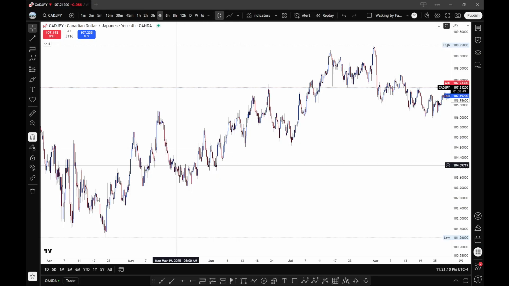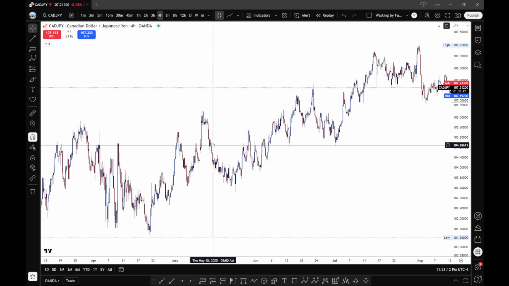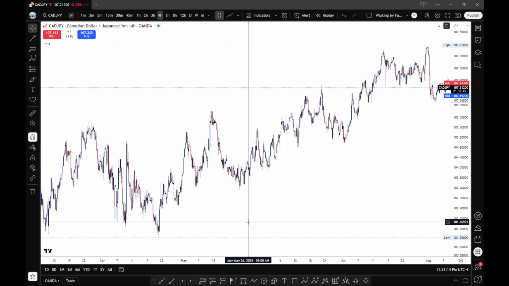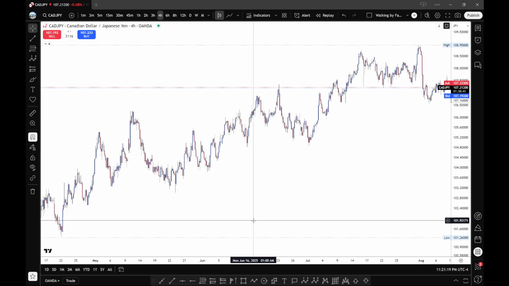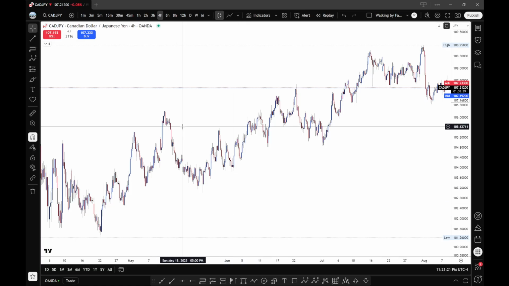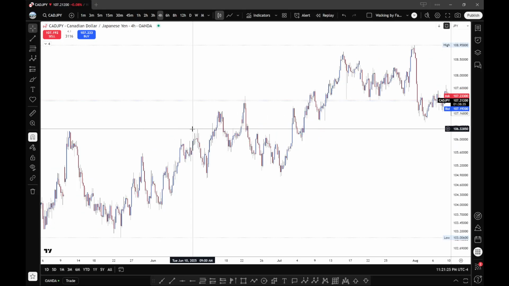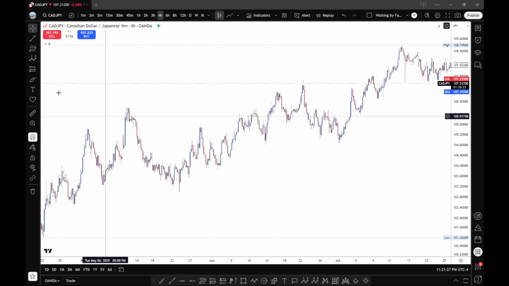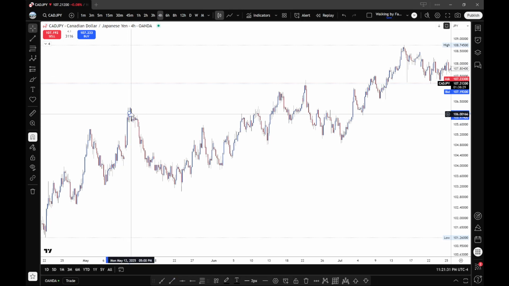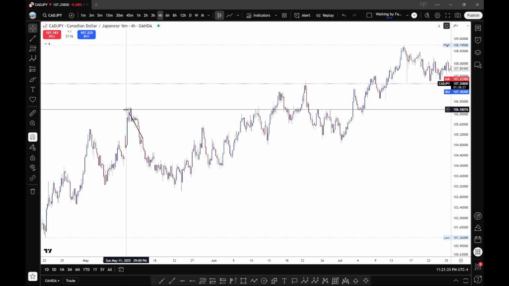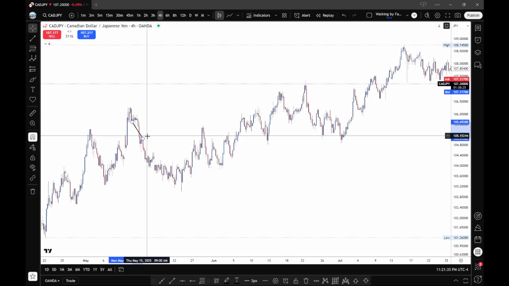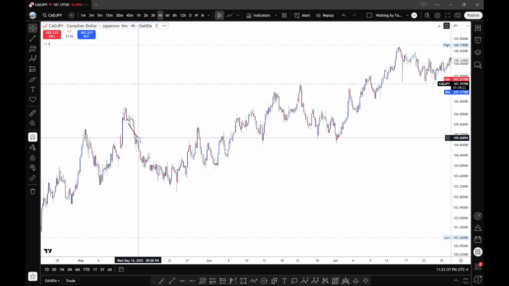Because at the end of the day, if you don't understand market structure correctly and how it moves, within these areas people will be selling. Because they would have seen this high and then this change of direction, right there.